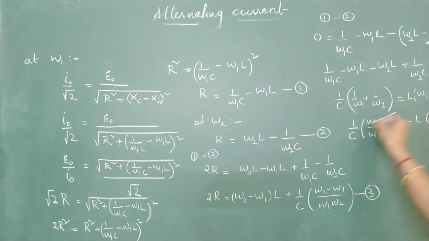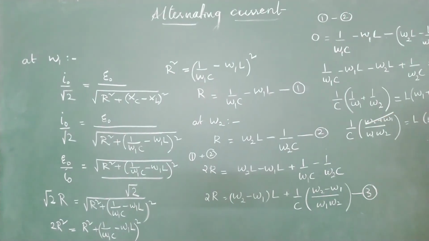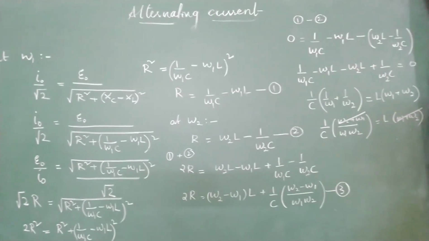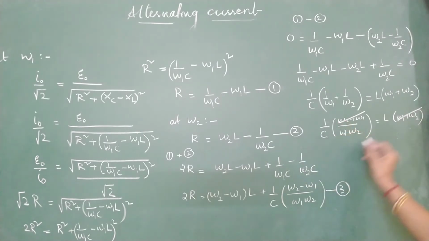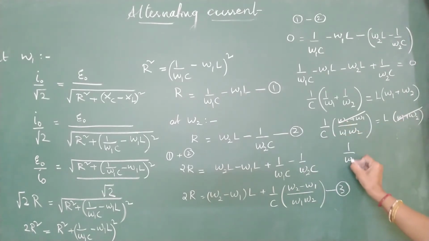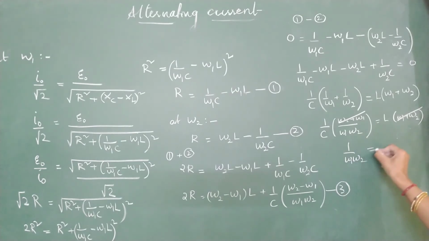Anyway, omega 1 plus omega 2 and omega 1 plus omega 2 will get cancelled. Now 1 by omega 1 omega 2 is nothing but L into C. Call this as equation 4.